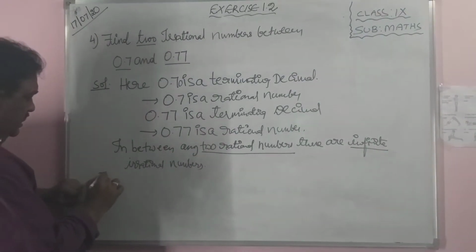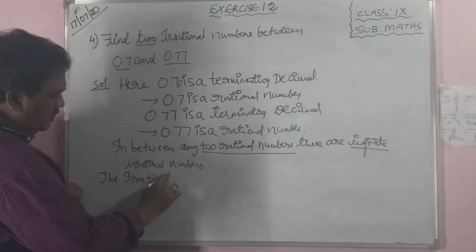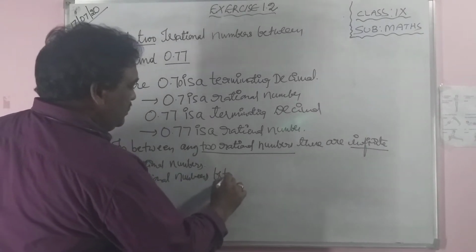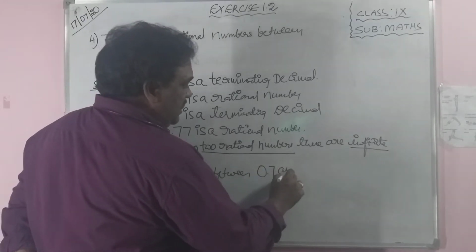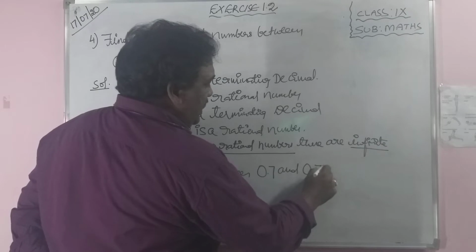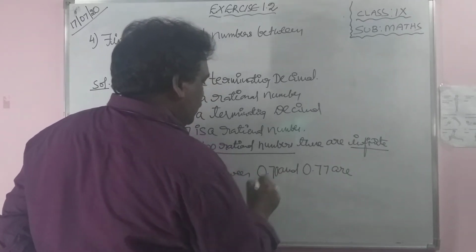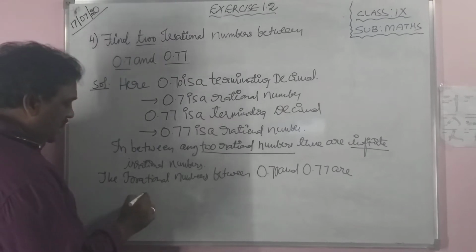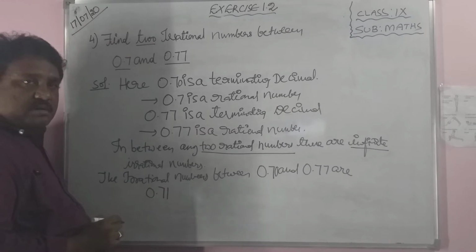So the irrational numbers between 0.7 and 0.77 are 0.71 and so on.